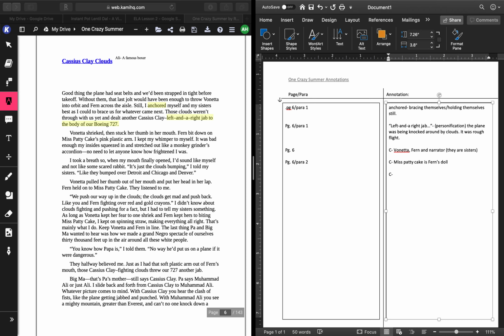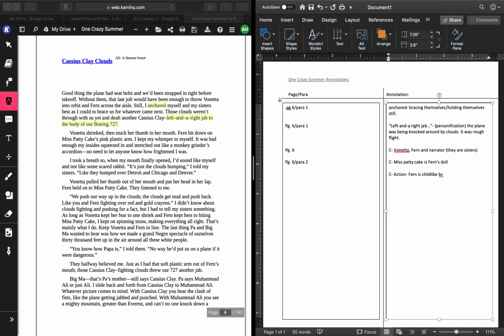Based on this action, we know that Fern is childlike, right? She seems like she might be a child. She's young. We know this because she has a baby doll and she seems to be using it to comfort her. She's biting down on it, probably because she's scared as the plane is getting knocked around. So we know that this is an action. It shows that she carries a doll around and she's childlike.